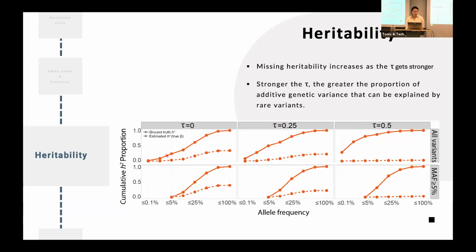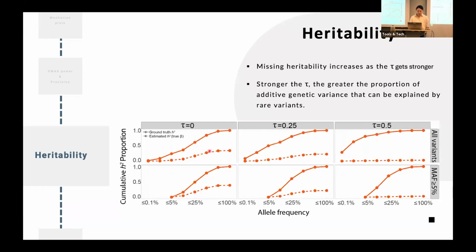The solid line here shows the ground truth heritability, for which we used the true effect sizes and the true causal variants. The dashed line refers to the estimated heritability, where I used the true effect sizes, but only the variants that turned out to be GWAS significant.